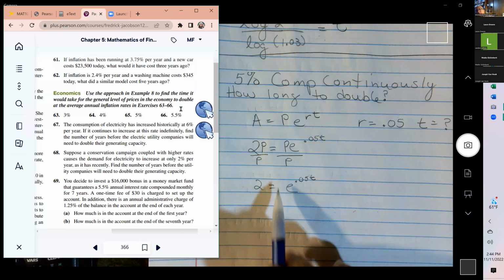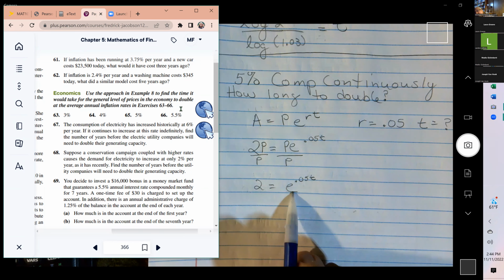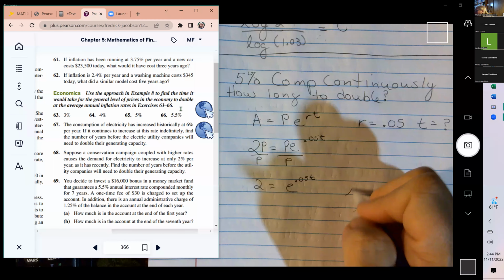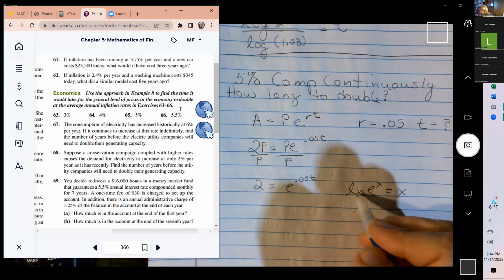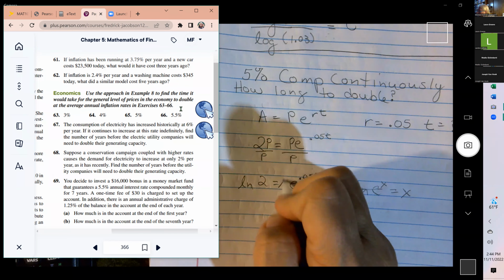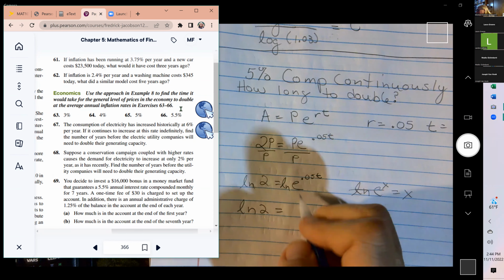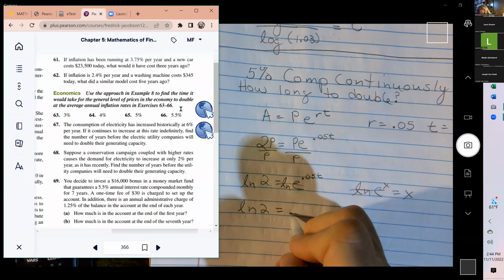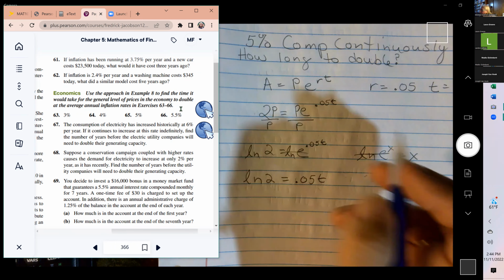Now you can rewrite it to get rid of the exponential function. Remember, the natural log of e to the x is just x, they cancel. So if we take the natural log of both sides, this cancels and leaves 0.05t, and then divide by your decimal.